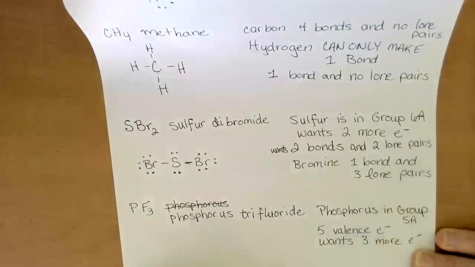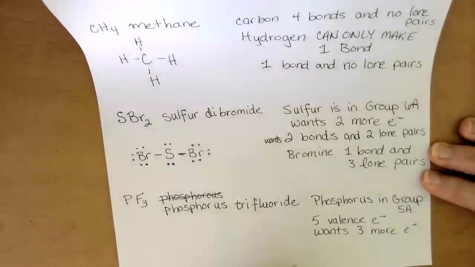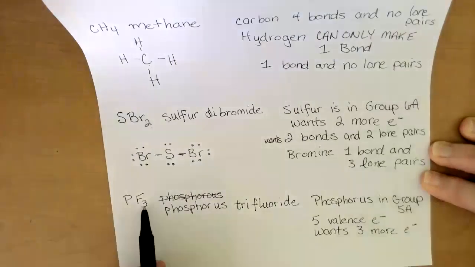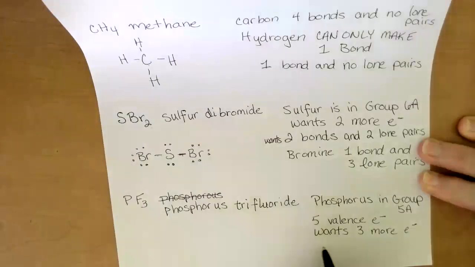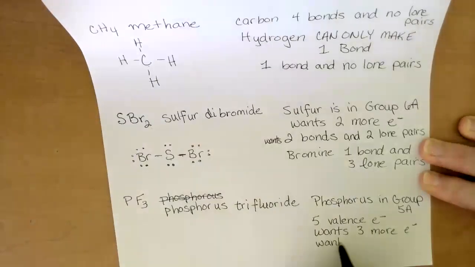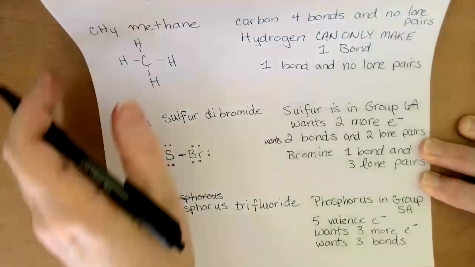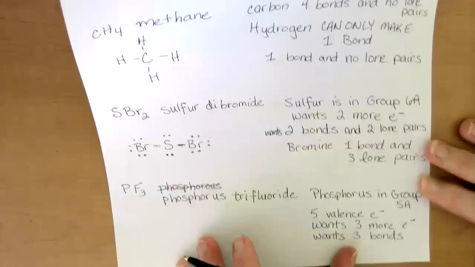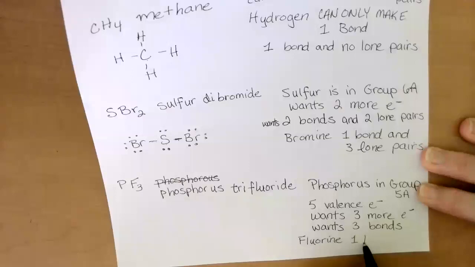If phosphorus is with metal atoms, it will take 3 electrons, but fluorine is a nonmetal, just like phosphorus. Therefore, they will share electrons. And that means that phosphorus wants 3 bonds. The fluorine atom, as we saw before, will have 1 bond and 3 lone pairs.